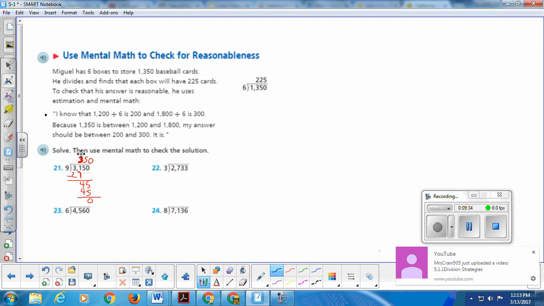So if I were to say 2,700 divided by 9 equals 300, right? And 3,600 divided by 9 equals 400. 3,150 is in between 2,700 and 3,600. So 350 is reasonable. It's about in between these answers.